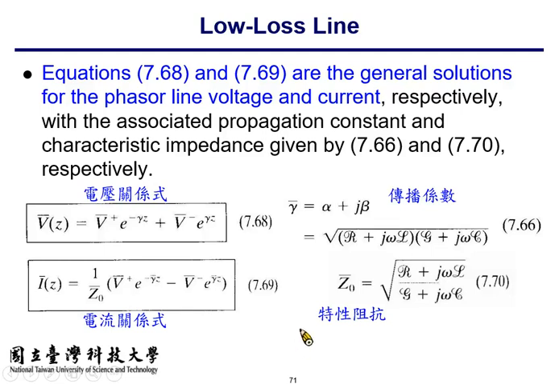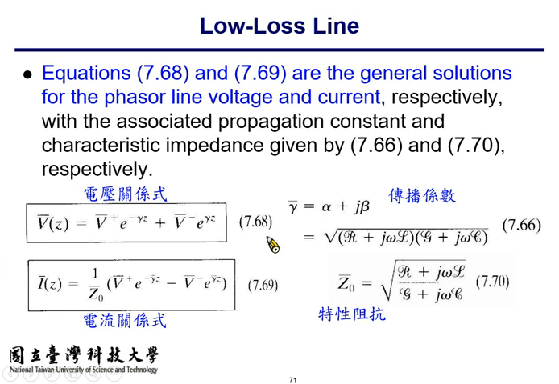Okay, so let's continue our discussion about lossy transmission line. The most prominent change in a lossy transmission line is the introduction of the attenuation constant alpha, which is combined with the phase constant beta to form the so-called propagation constant gamma.